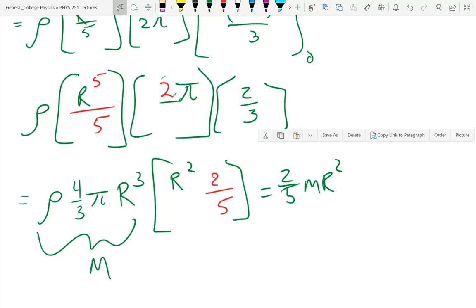Determining the coordinate system. Second step. Is the coordinate system different if it's a hollow sphere? Shouldn't be. Second step. Figure out the perpendiculars. Are perpendiculars going to be different if it's a hollow sphere? Still going to be the same.